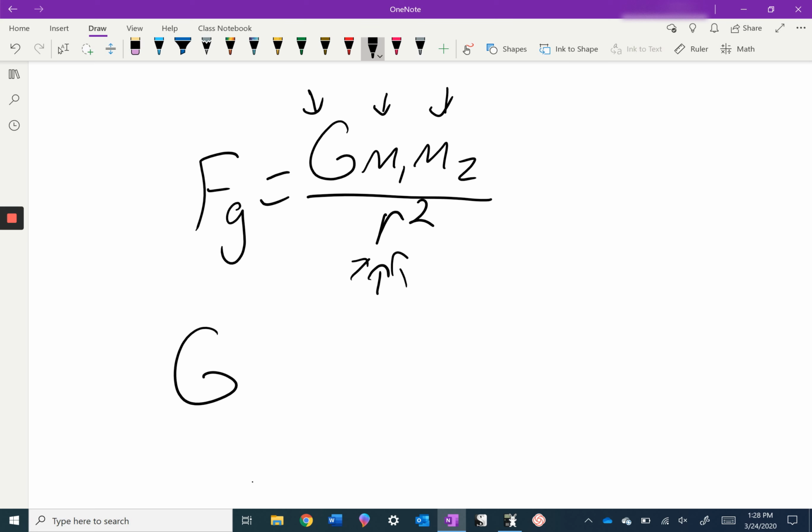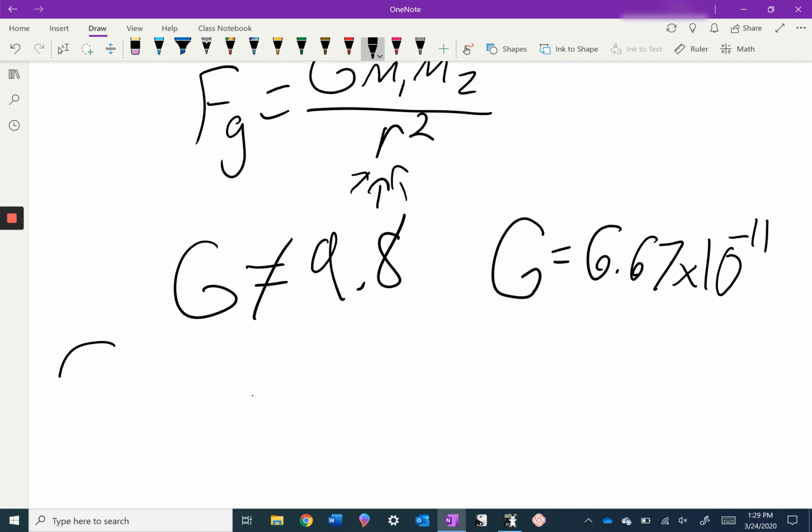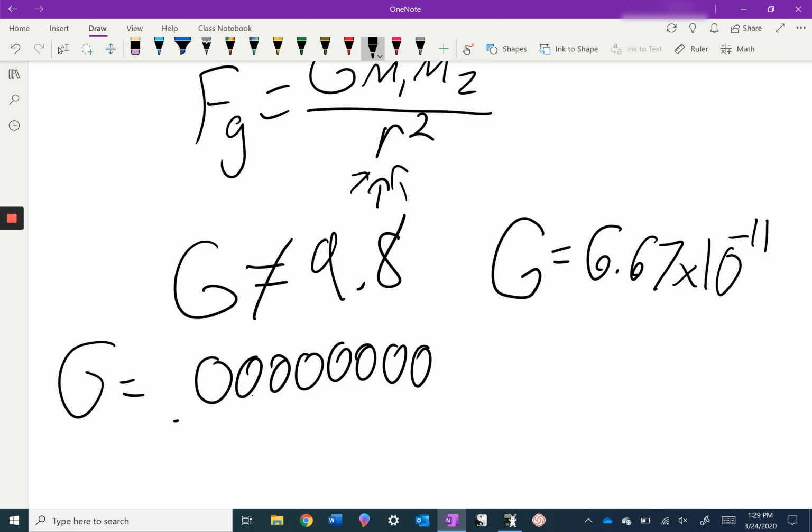Big G does not equal 9.8. Okay, little g and big G are two different things. Big G is instead 6.67 times 10 to the negative 11th. So what does that look like in normal numbers? 0.0000000000667.